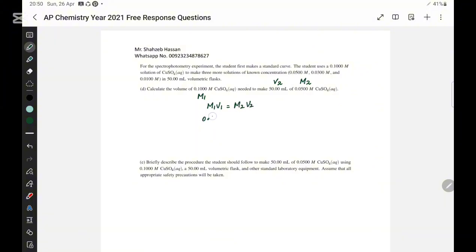M1 is 0.1, V1 we need to find out, M2 is 0.05 and V2 is 0.05. V1 comes out to be 0.05 times 0.05 divided by 0.1, which is 0.025 liters, equal to 25 milliliters.